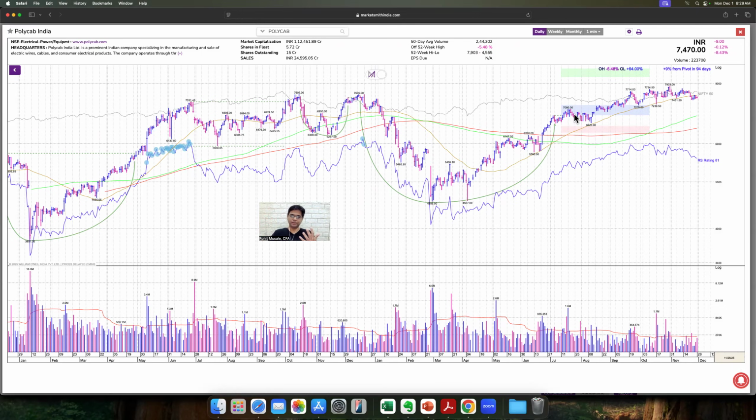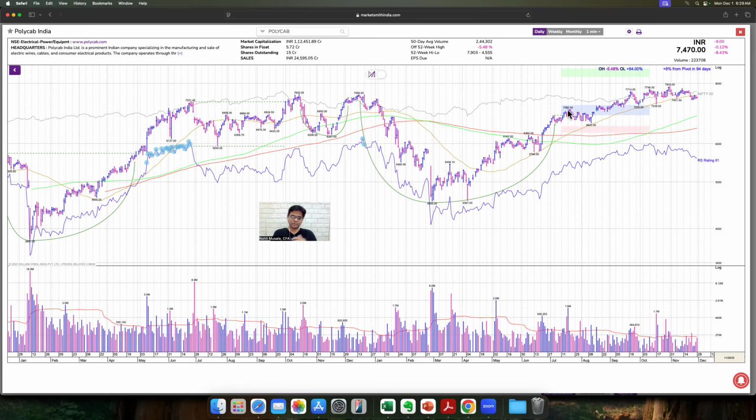The idea here is to buy at the right place at the right time. You don't want to buy extended stocks. David Ryan, who has been a student of William O'Neill and a three-time US investing champion, in his early days would buy stocks beyond this blue range. He would buy stocks when they had already crossed that blue range.